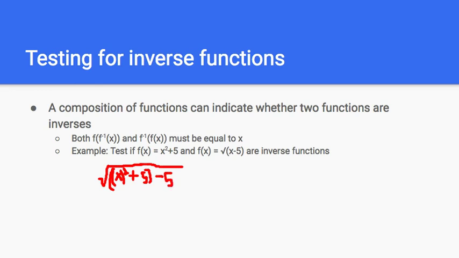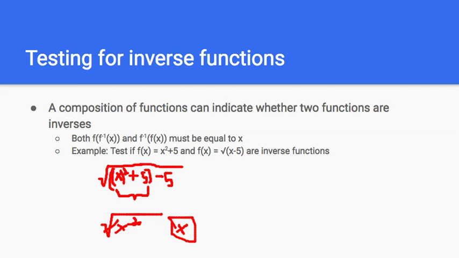The parentheses here don't really matter. This is just to indicate that this right here was the first function. So from that, we're gonna get the square root of x squared, because the 5s are gonna add up to 0 again. So then we know that the square root is gonna cancel out the exponent, and again, we're gonna get x as an answer.